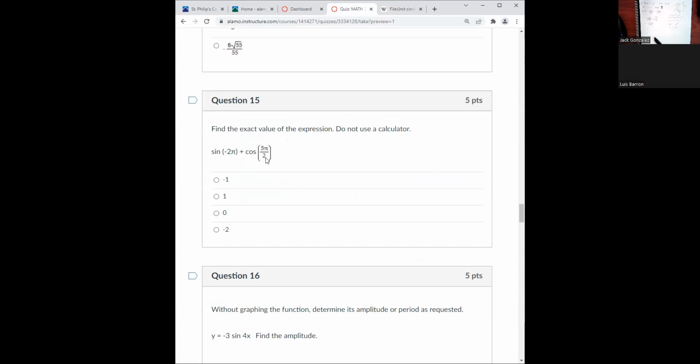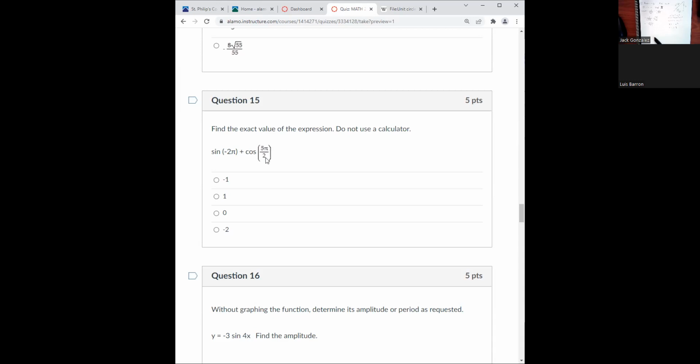So all you need is a circle, and you need to understand which direction is negative and which direction is positive. If it goes more than 360, then just count. Or you can convert it to degrees and use that instead if that's easier. It's up to you.